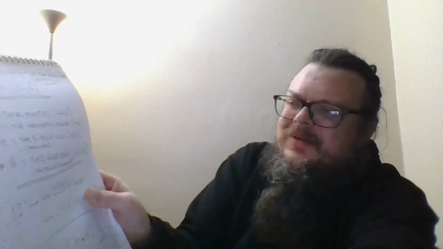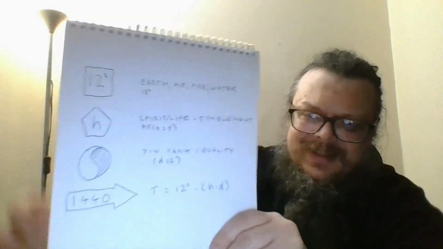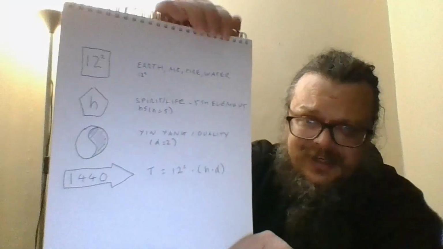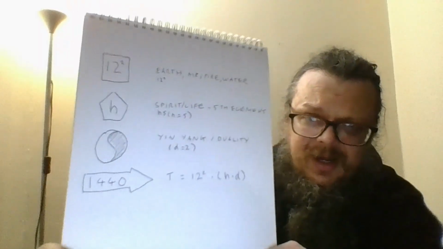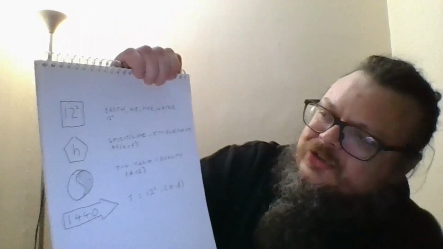So basically, to help myself understand it, I had to jot this down, and that's how I managed to understand it. So that's obviously 12, the way I've just described it there.